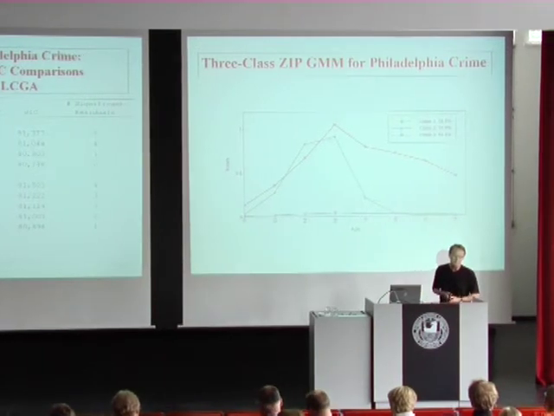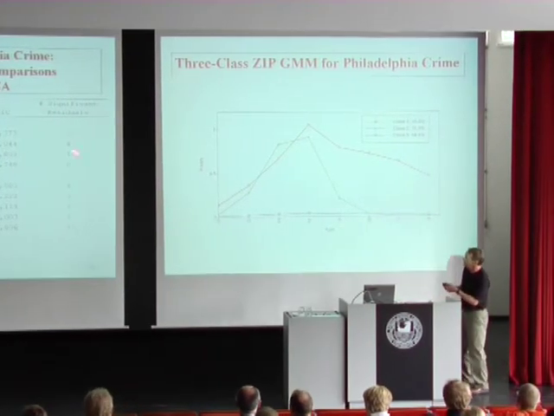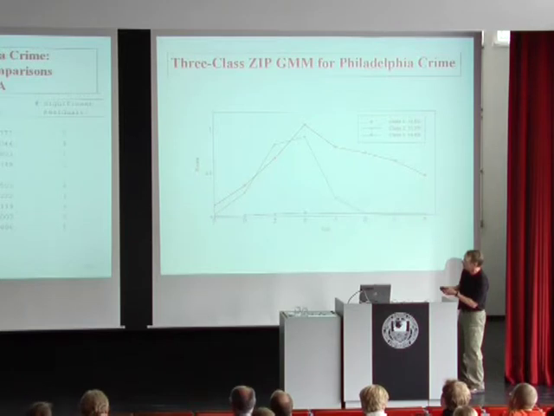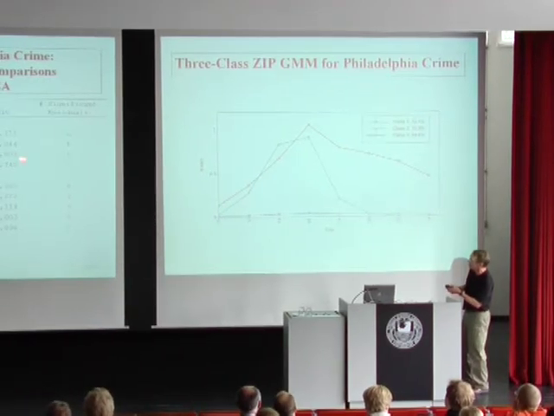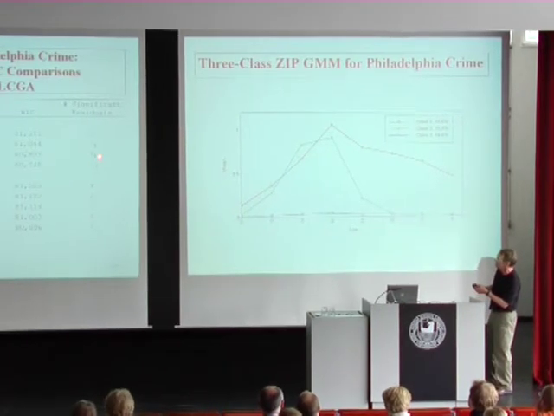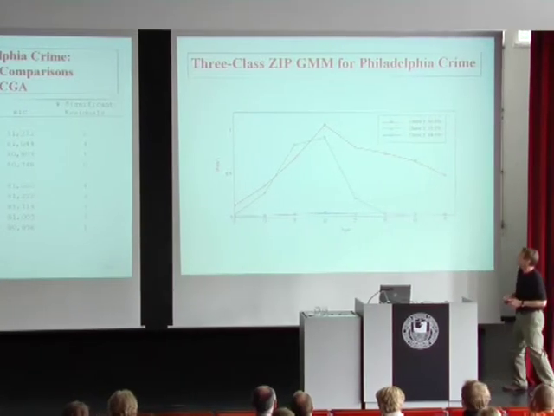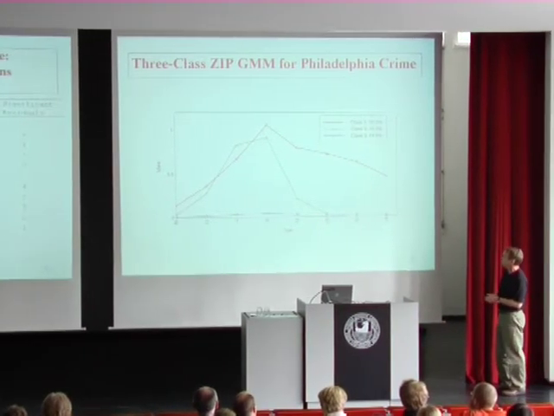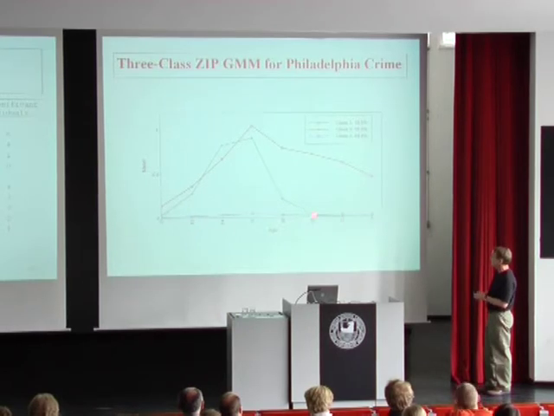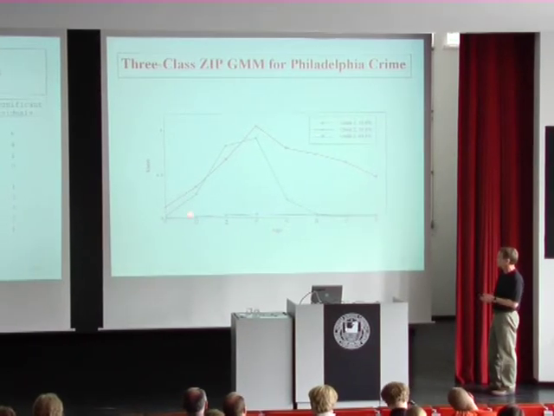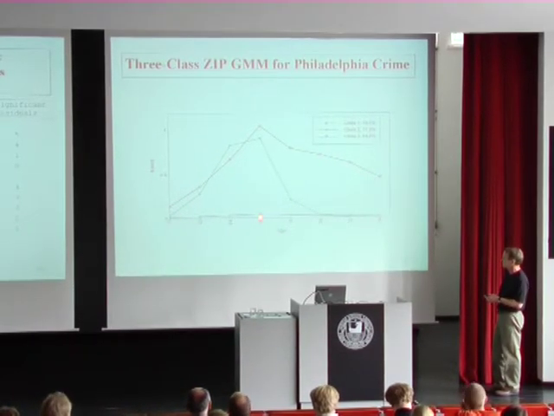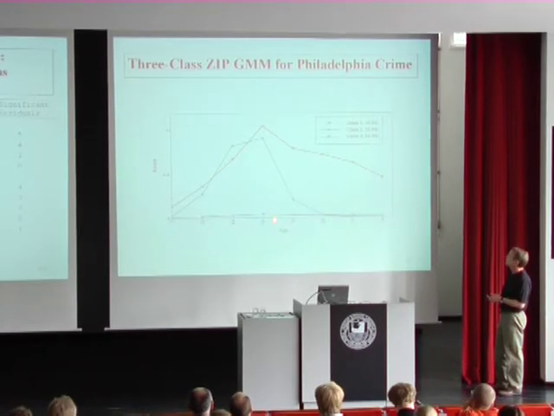Here's what it looks like if you choose the 3-class ZIP. So if you don't go down to 4 but stay with the 3 classes, which already looks pretty good in terms of the number of significant residuals, here's what it looks like. For a very large sample, you have the normative development, essentially non-criminal activity, perhaps a little bit of a tendency at 16.